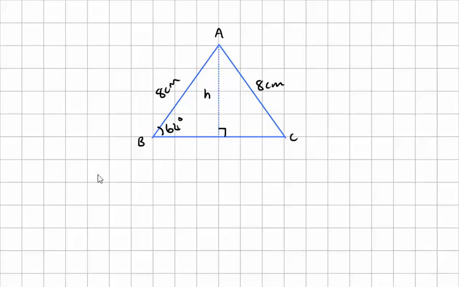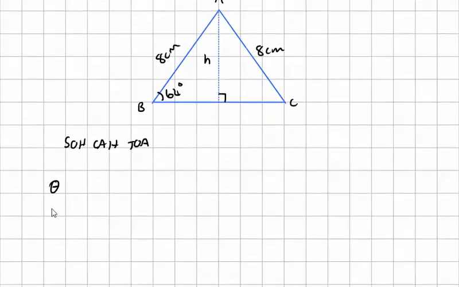So again, let's do SOHCAHTOA. Let's do theta, opposite, adjacent, hypotenuse. What is theta? 64 degrees. Opposite? In this case, H. Adjacent? We don't need it.